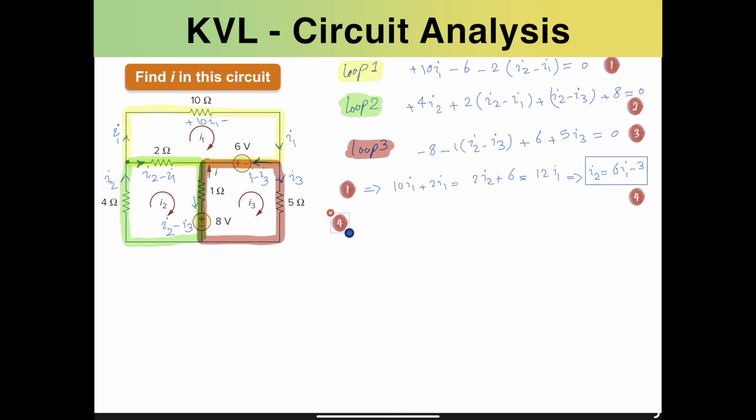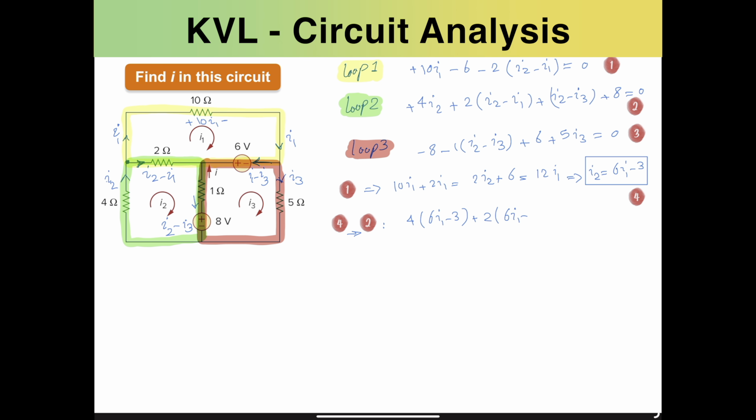Now, if I replace 4 in equation 2, what I would get, I'm going to eliminate I2, so I would have only I1. So for I2, instead of I2, I would write 6I1 minus 3, plus 2 times that.